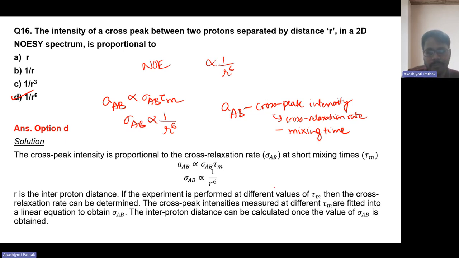If the experiment is performed at different values of Tm, how do you get this sigma AB value? First you need to know the value of the cross relaxation rate.